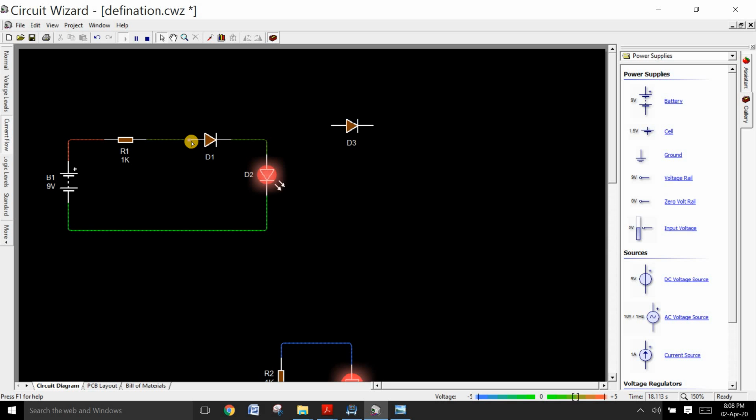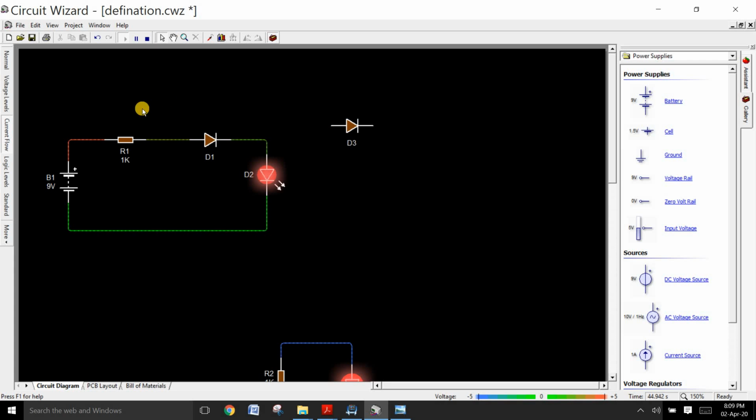That means current can move from one point to another and cannot move in the opposite direction. For a diode, current can move from anode to cathode, but cannot move from cathode to anode. See now that current is moving from anode to cathode, right?